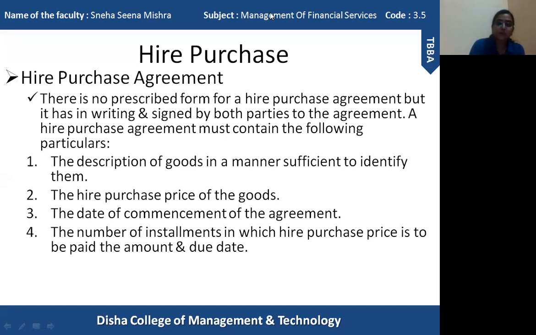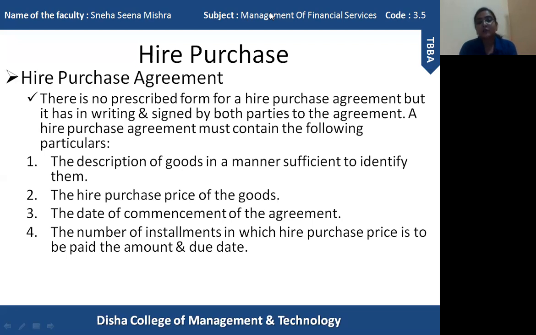For example, if the due date is 1st January, you pay on or before 1st January. Then the second due date will be 1st February. Even if some extension is given, that needs to be mentioned in the contract.